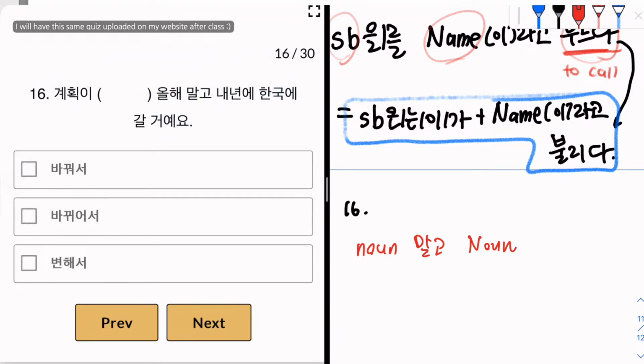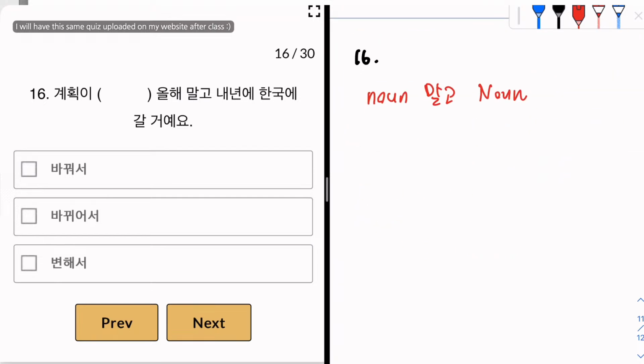I will go to Korea, not this year, but next year, because 계획 blank. What would have likely happened for her to go to Korea, not this year, but next year? Plan changed, right? So should it be transitive verb or intransitive verb?